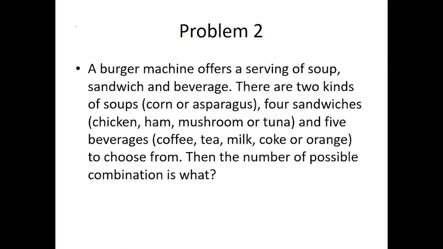So there are two kinds of soups. That is operation 1. Since there are two kinds of soup, it can be performed in two ways because I have two options. I can either choose corn or asparagus. So n1, choosing a soup, is 2.